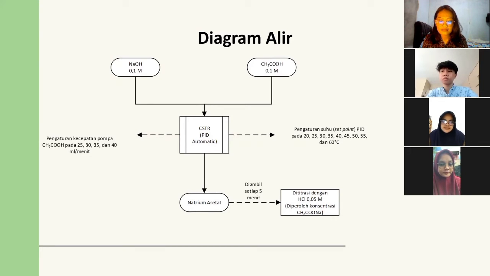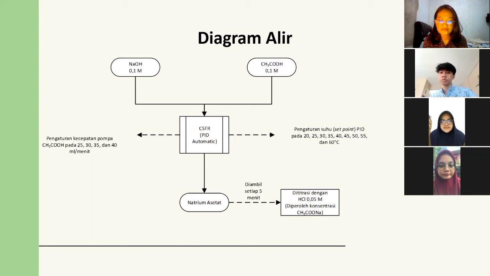The ethyl acetate pump speed is set at 25, 30, 35, and 40 milliliters per minute. The stirring speed of the controller is set to 50%. After a few minutes, the temperature sensor tip is at the position of about 25 milliliters of liquid in the reactor.